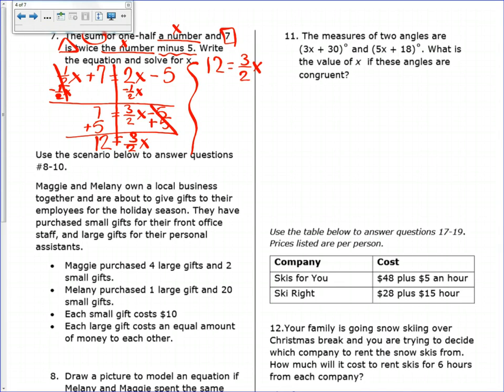Now remember, to get rid of this fraction, we're going to multiply both sides by the reciprocal. So take your fraction and flip it over. We'll be left with 1x equals 2/3 times 12. 2 times 12 is 24, and divided by 3 is 8. So your final answer on number 7 is 8.